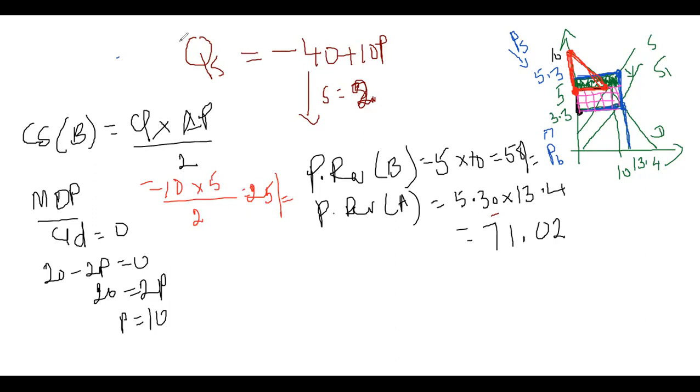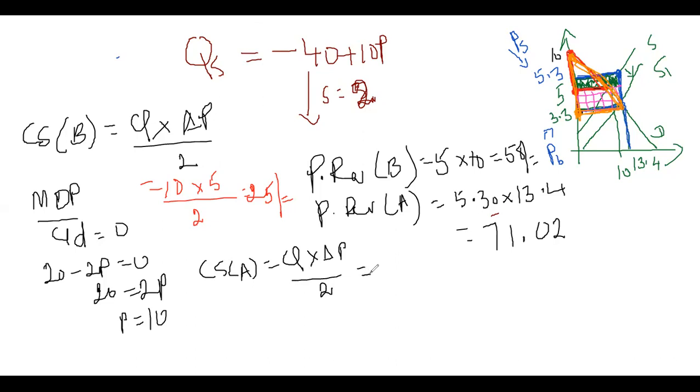Okay. Then consumer surplus after: when you calculate it, you want to verify the area carefully. Buyer's price 3.3, quantity 13.4, and maximum demand price is 10. So this orange color triangle is the consumer surplus after. Here also I'll use the same formula, which is very easy for you all.